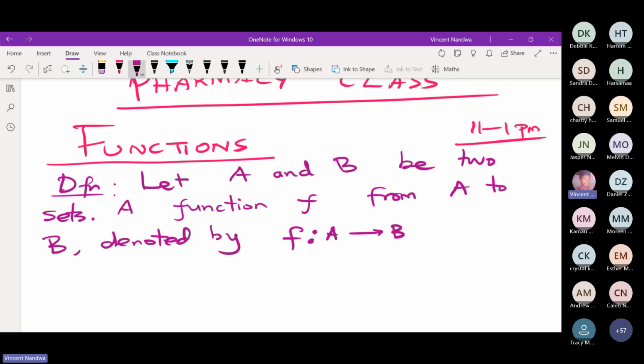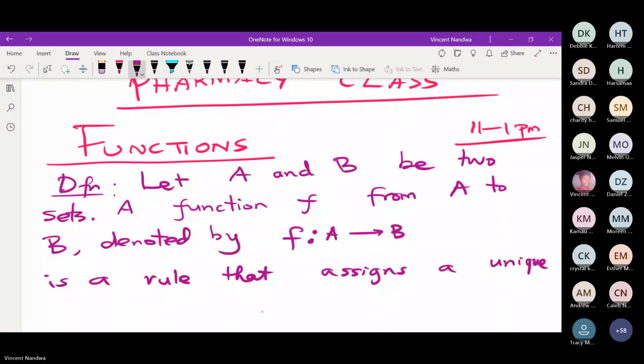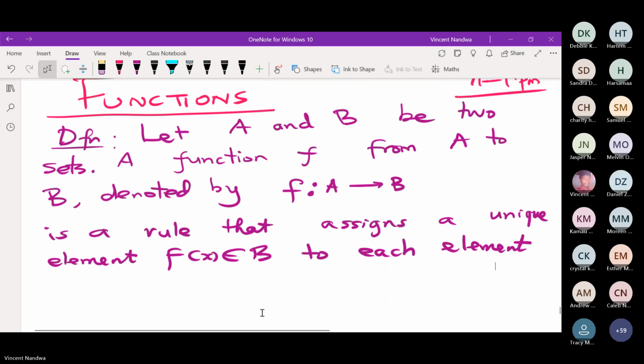A function f from set A to set B is a rule that assigns a unique element f of x in B to each element x in A. And unique means a single element.